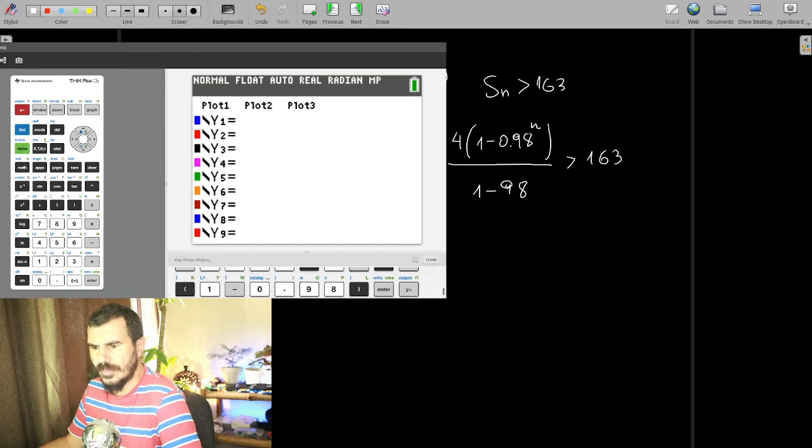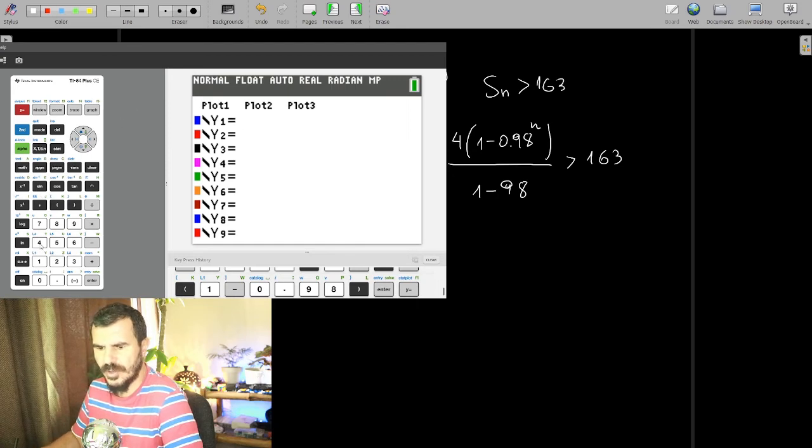So one equation will be this on the left part, and the other equation will be y2 equals 163, and I will see where the two functions intersect. Let me explain it graphically.